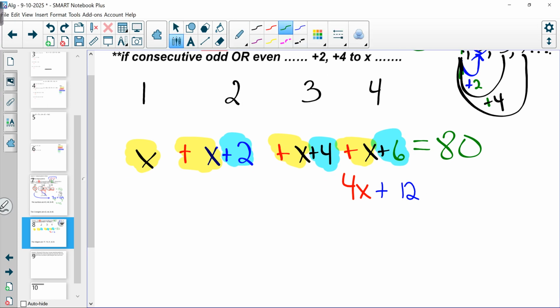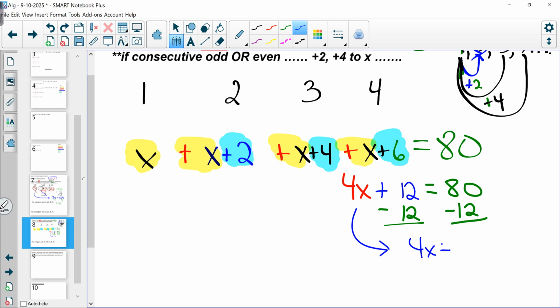And now we can drop the equals. You guys know what to do now, right? Get rid of your add, subtract number. I'm going to throw the 4x in a little bit closer. And now divide by 4.